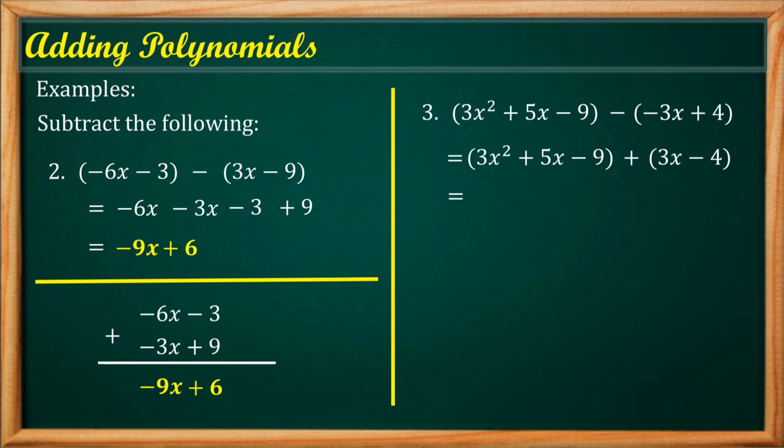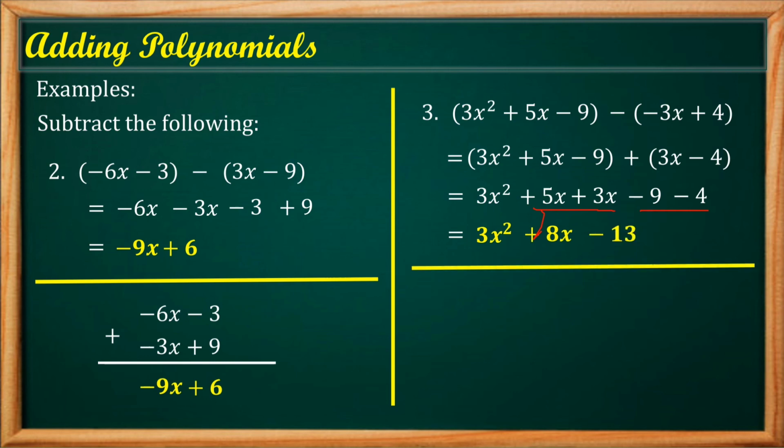Okay, then combine similar terms. Ayan, the similar terms here, you have here 5x and 3x, negative 9 and negative 4. Then copy first the negative 3x squared, then 5x plus 3x is 8x, negative 9 minus 4 is negative 13.